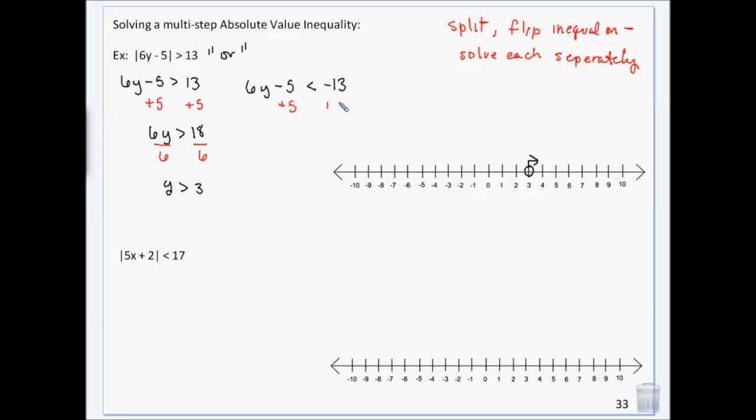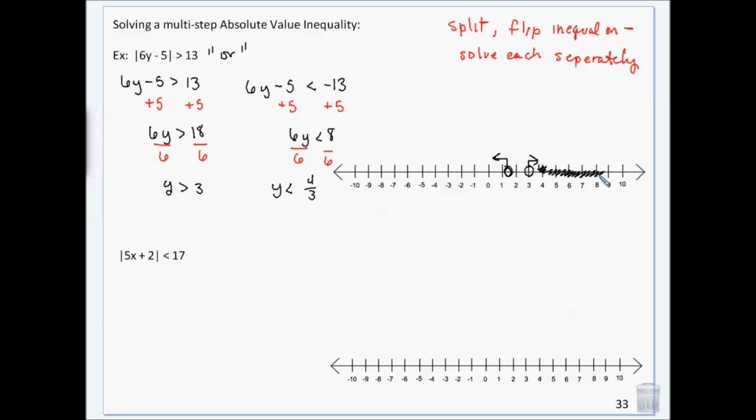I'll come over on this one, add 5, giving me 6y is less than 8. Divide by 6. And I get y is less than 4/3. And 4/3 is a little over 1. And less than is that way.